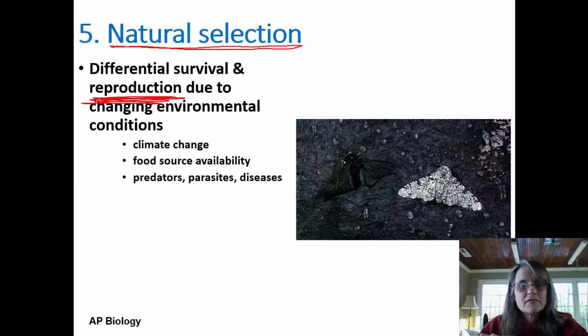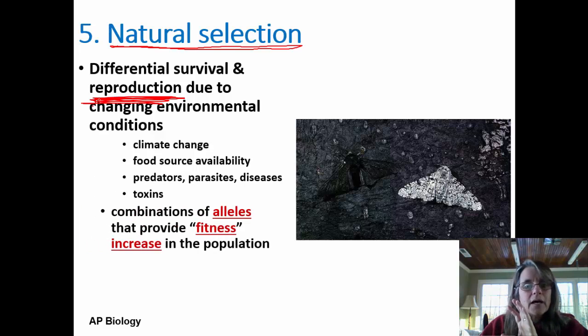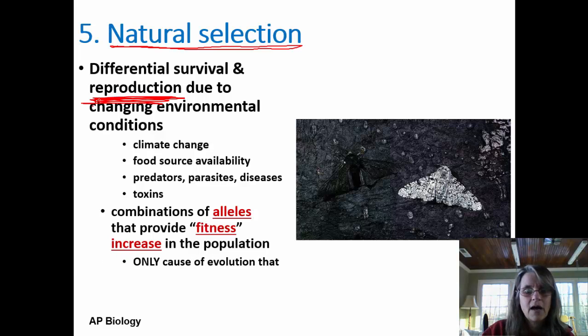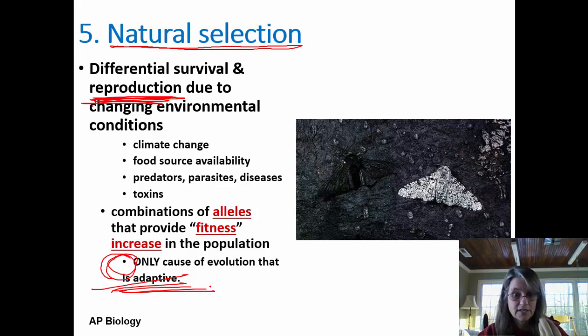Many kinds of things can influence that, but whatever the environmental conditions that the organisms are responding to, the combination of alleles that provides the greatest fitness is going to increase in number in the population. And this is the important thing to take away from this slide right here: it is the only cause of evolution that is actually adaptive, that's going to result in these dark moths, for example, that blend into their environment better than these light colored ones.